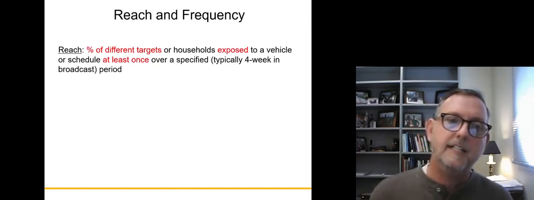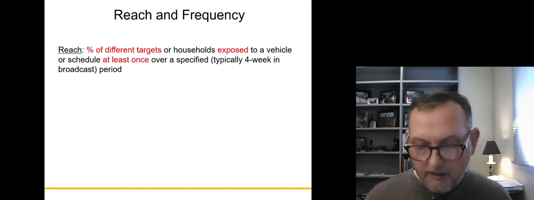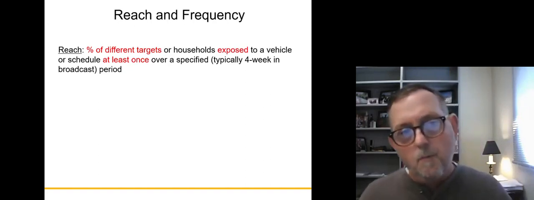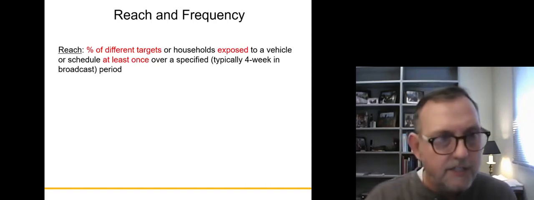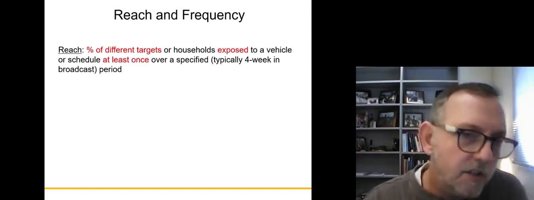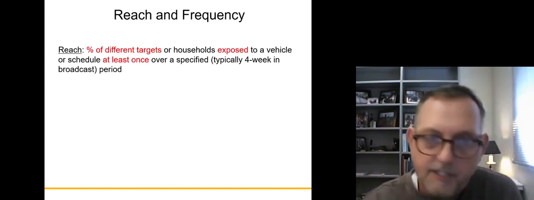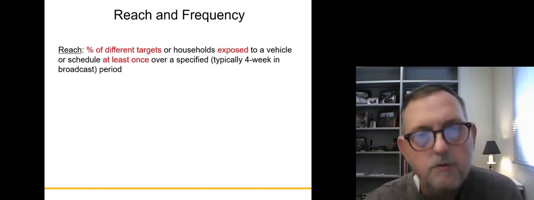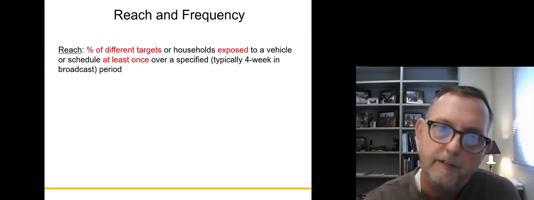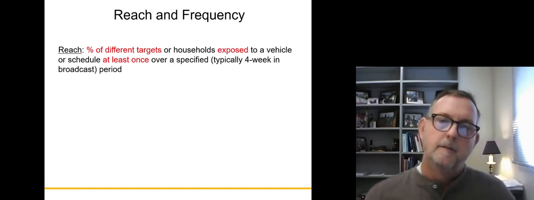Okay, so let's go back a little bit though. Let's talk again about this idea of reach and frequency. We're going to define these, and maybe make a little illustration here. First and foremost, we mentioned this idea of reach. It's the percentage of different targets or consumers or listeners who have been exposed to a message at least once over a period of time.